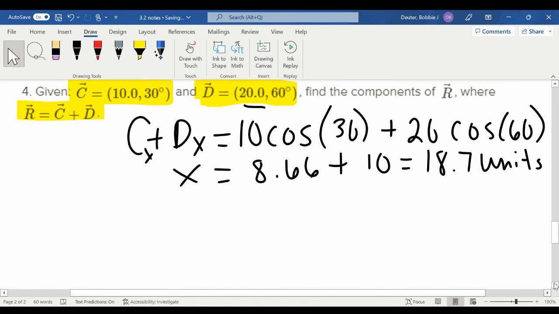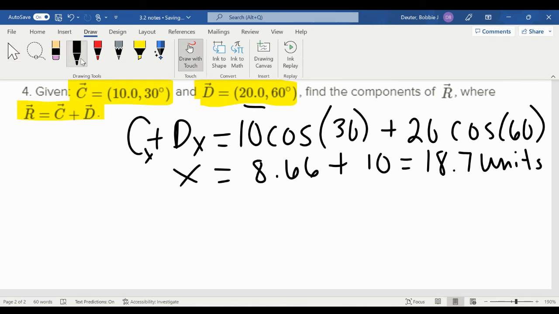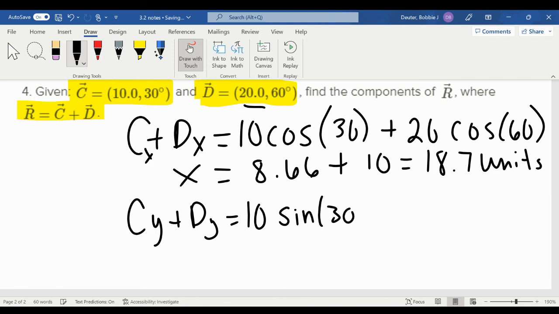So we solve for y, we typically use sine. So we know C of y plus D of y is equal to, we're going to use sine. We still need to use the units. 10 units is for C. Still have the angle of 30, but we're using sine, plus 20 units for D, sine of 60.